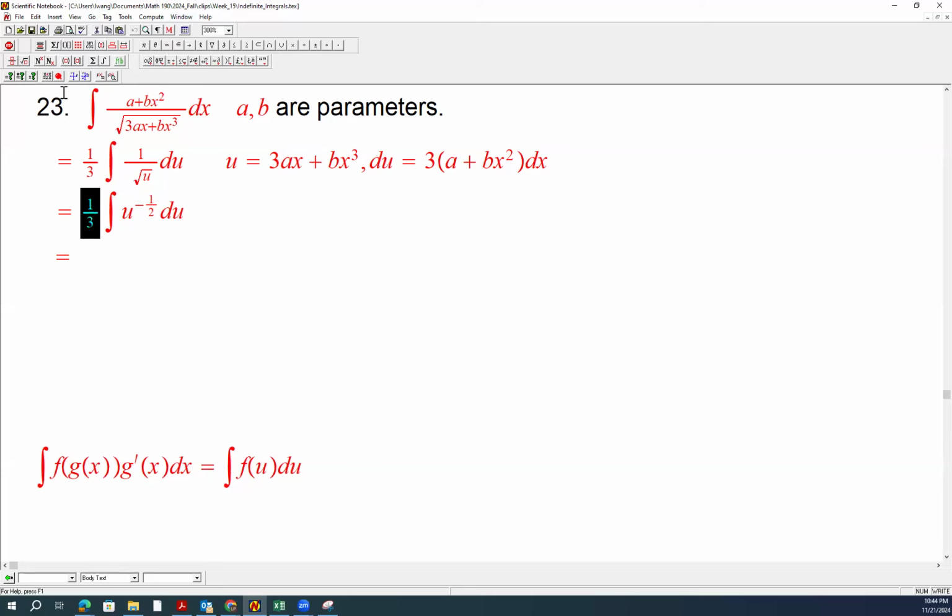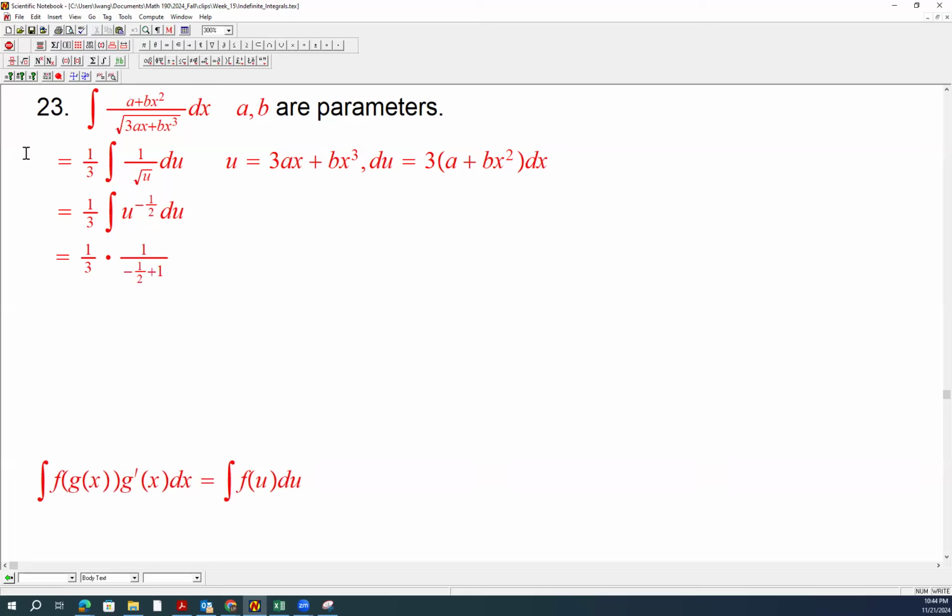So we got 1/3 multiply, you just apply your power rule, 1 over negative 1 plus 1, u raised to the power of half plus a constant. And this is going to be a positive half, and flip it over, so this is going to be 2.